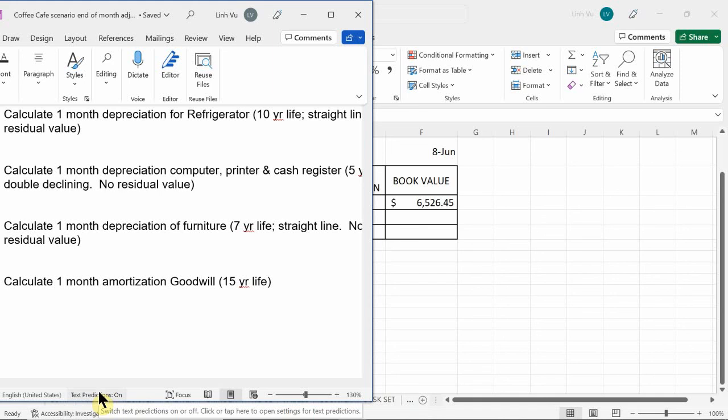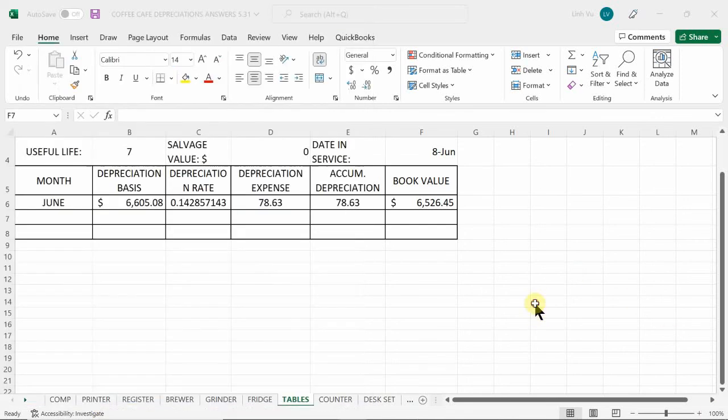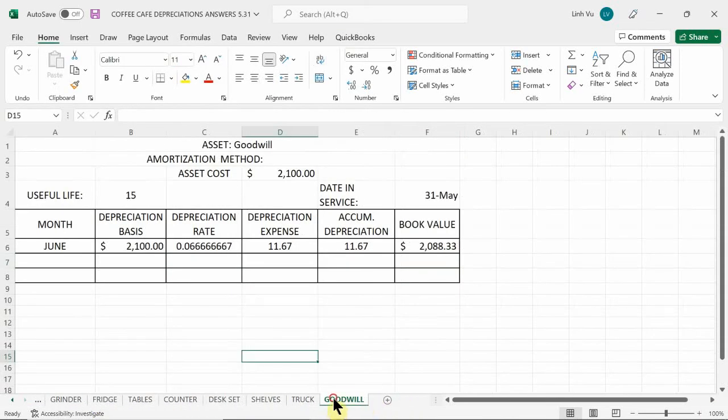So in this case, your amortization table is also going to be included in the depreciation table. Okay. So again, if you go through it, you're going to see I have the depreciation amortization table for goodwill here.